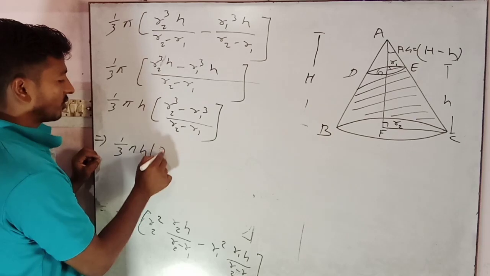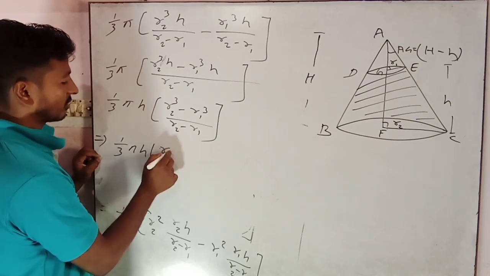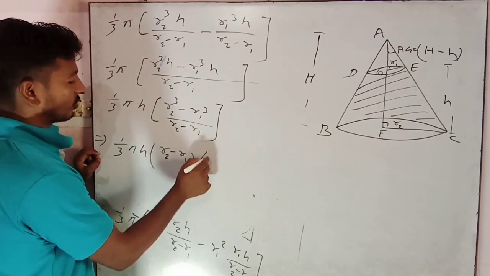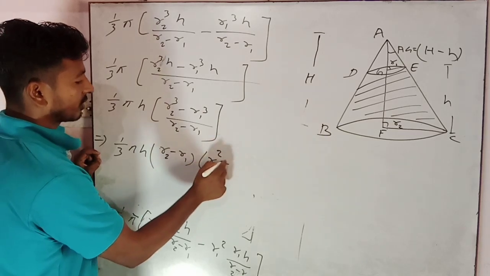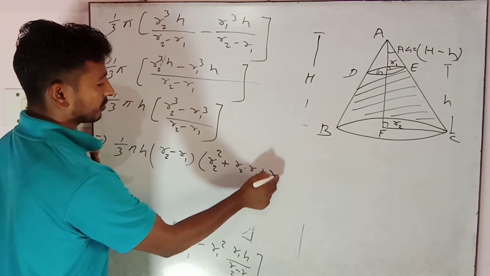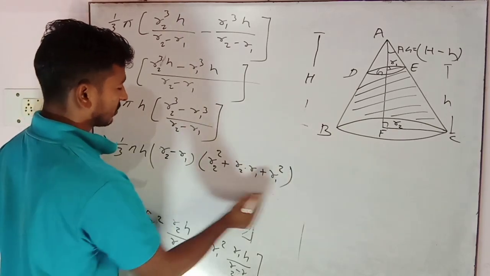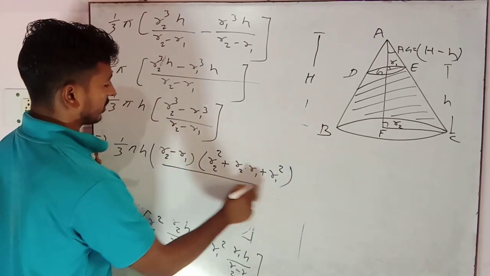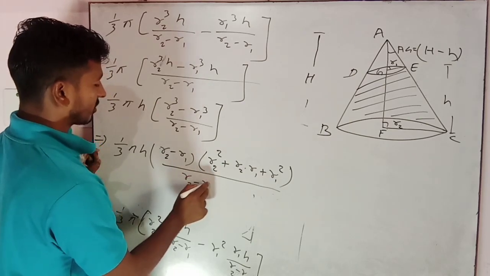a cube minus b cube is equal to a minus b into a square plus ab plus b square, and there was R2 minus R1.